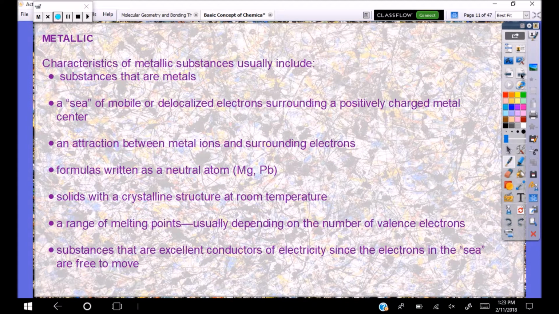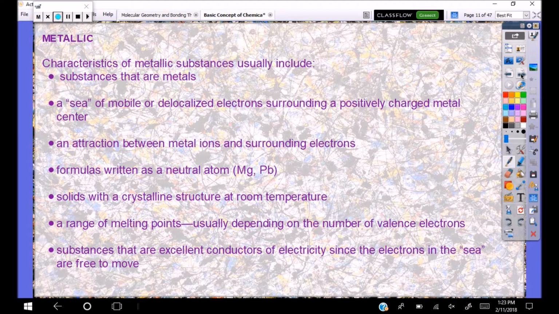What happens is we end up getting a network of these atoms, and there's a sea of mobile or delocalized electrons that surround your positively charged metal center. Since there is an attraction between the metal ions and the surrounding electrons, and they're mobile electrons, they can conduct electricity.